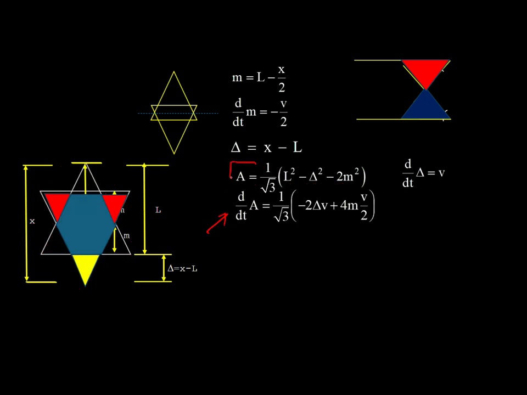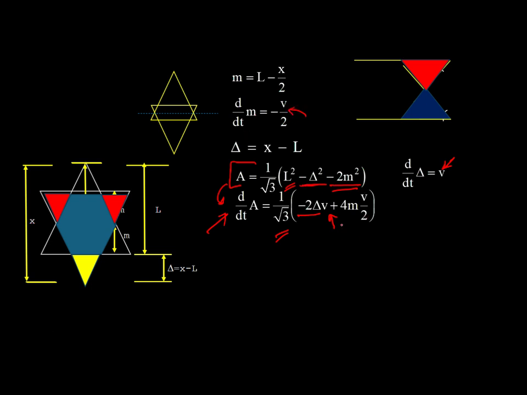So I'm simply differentiating this relation. 1 by root 3 is a constant, L square is a constant, minus delta square, so it is minus 2 delta into d by dt of delta, which is v here. Then the differentiation of this term is minus 4m into dm by dt, and dm by dt is minus v by 2.